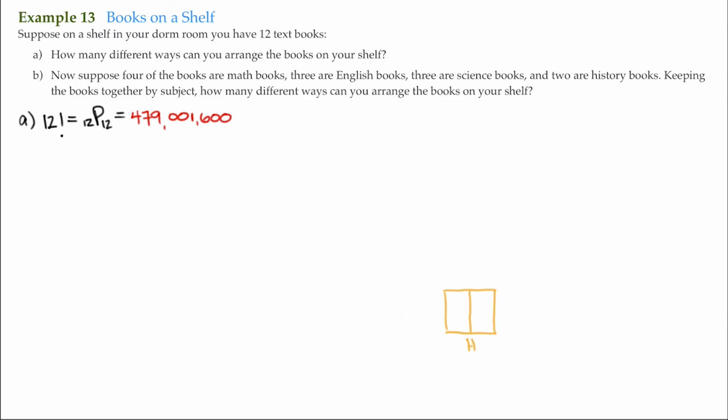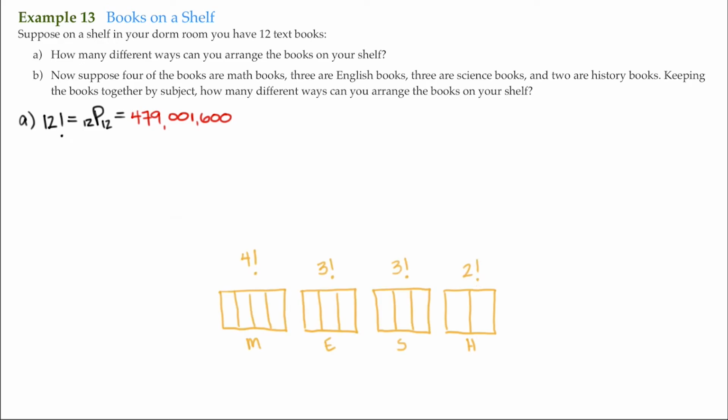And for the history books, 2 factorial ways to arrange the history books. So then to arrange the groups all together, they don't necessarily have to be in this order. They could be in any order. Then there's 4 factorial ways to arrange the groups. And I think I've got everything.